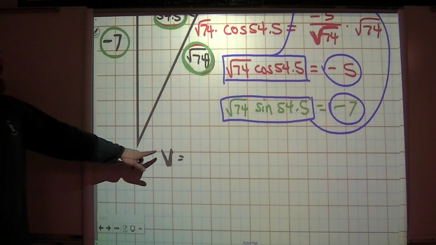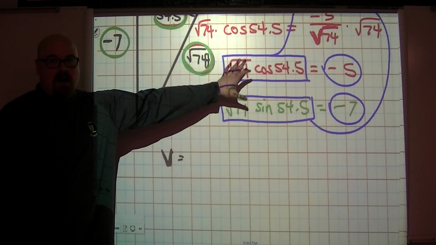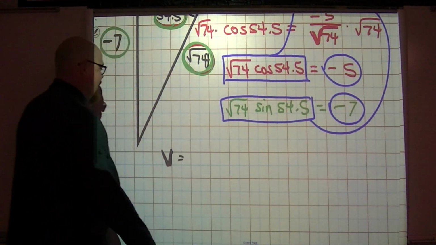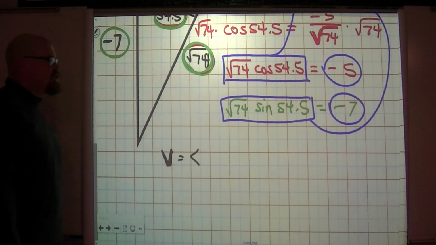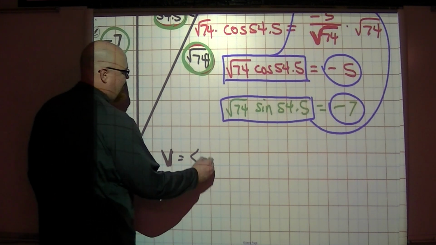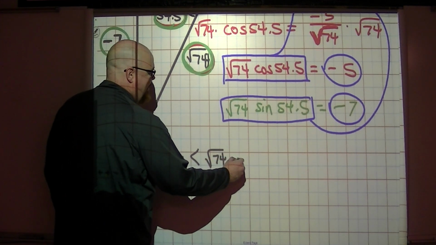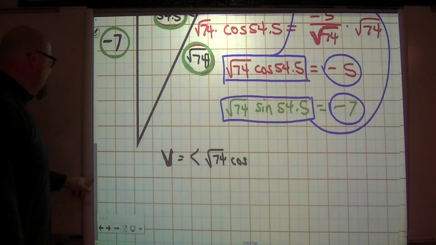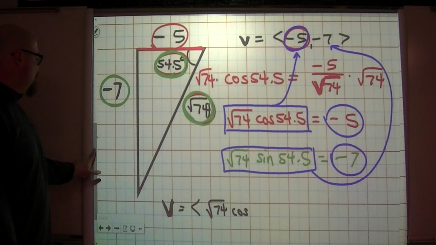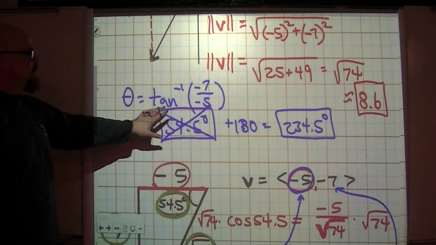Now that we have these numbers representing these numbers, I can change the way that I represent the vector's components. I can say that it's the square root of 74 times the cosine. Now is when I'm going to make that switch. I realize I've been using this angle because I had to use it for the right triangle to do the trigonometry.